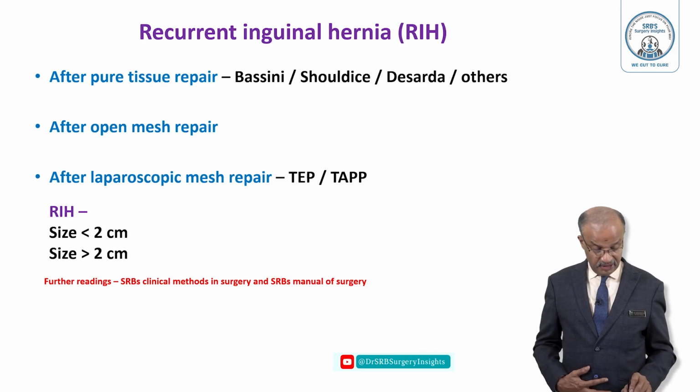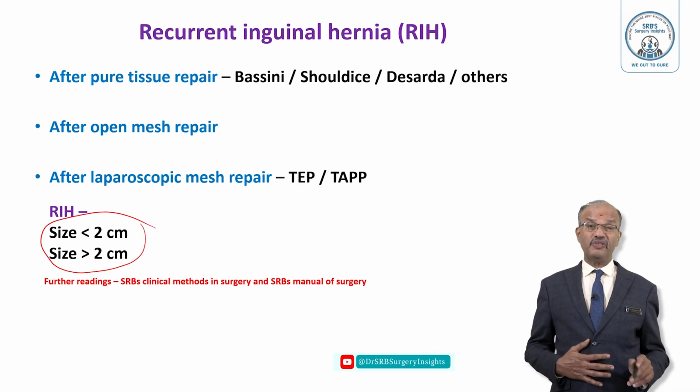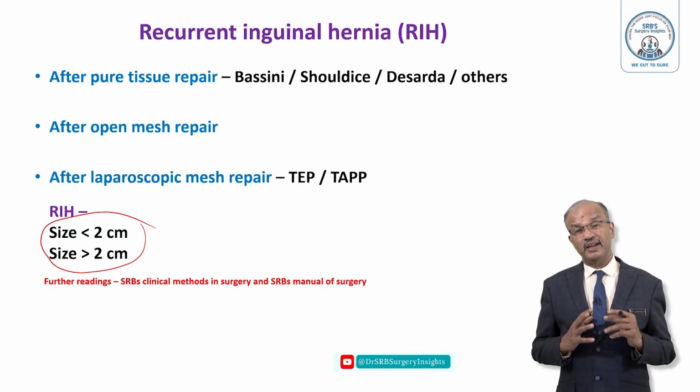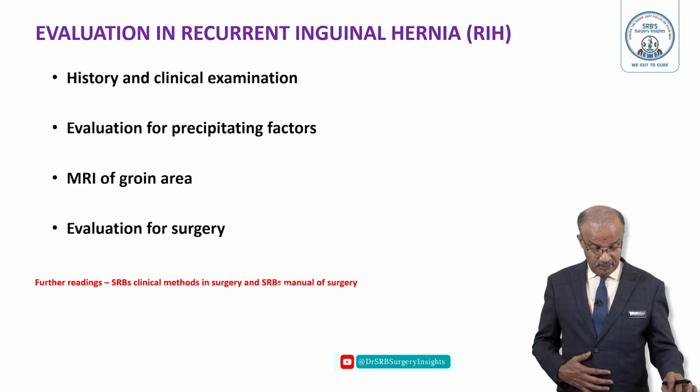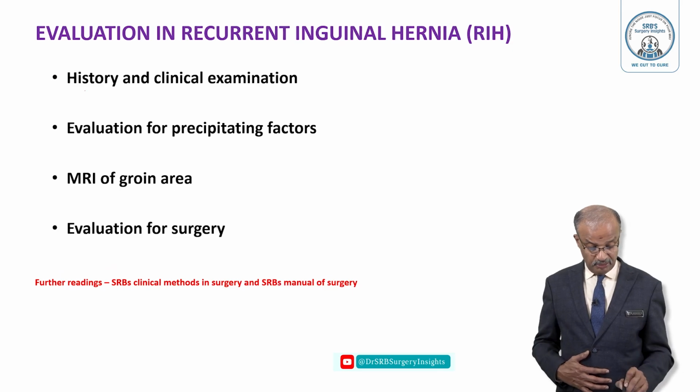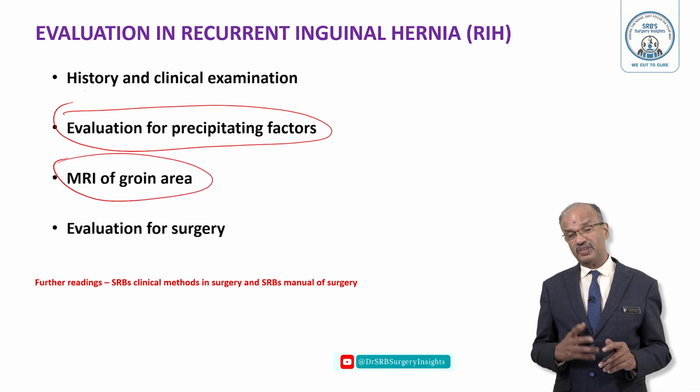So again, size less than 2 centimeters versus more than 2 centimeters makes a lot of difference in understanding and treating the patient and preventing further recurrence. So evaluation: I'm not going to detail history and clinical exam, but specific factors are important. The main cause for recurrence is important. MRI of the groin gives a clear idea, not CT, not ultrasound.